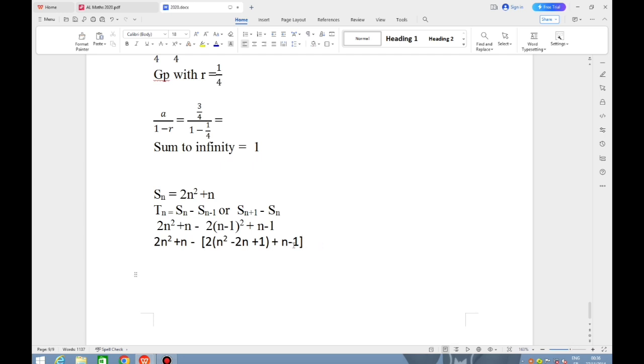So let's open the brackets. That's going to give 2n squared plus n minus 2n squared plus 4n, because the negative sign multiplies everything here, minus 2, minus n plus 1.